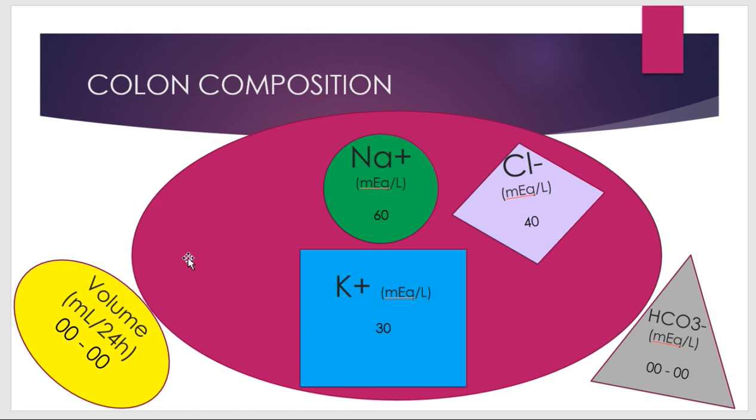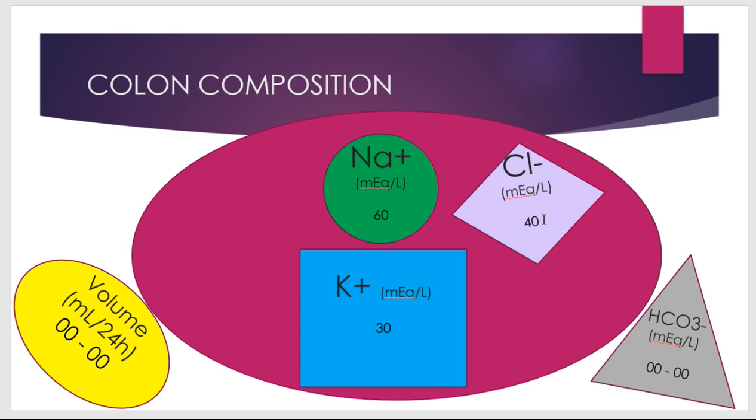Clear? In gastric secretion and colonic fluid, a better term than secretion, the fluid present in the colon, both do not have bicarbonates as a component, whereas potassium is more in gastric secretion as well as colonic fluid.